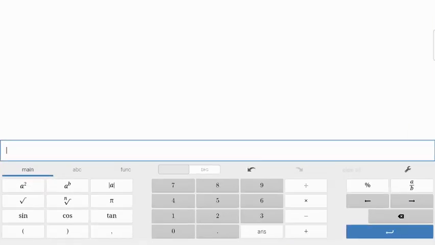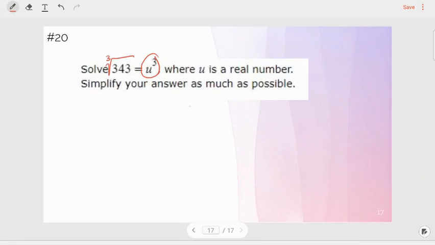So I can guess. I could be like 3 times 3 times 3. Nope, too small. Or I could say like 6 times 6 times 6. Oh, too small. And guess it. Or remember, you can take this cubed root of 343. That gives me 7. So my answer is u is equal to 7.